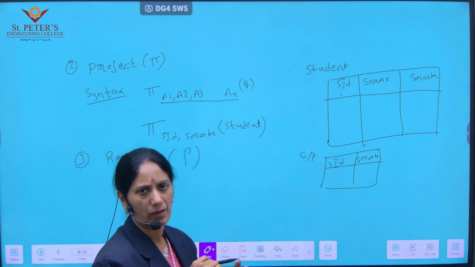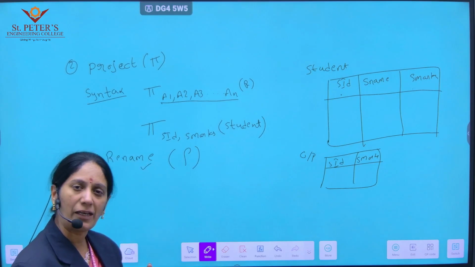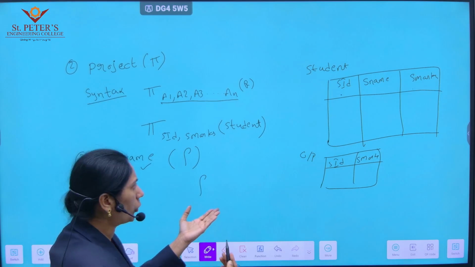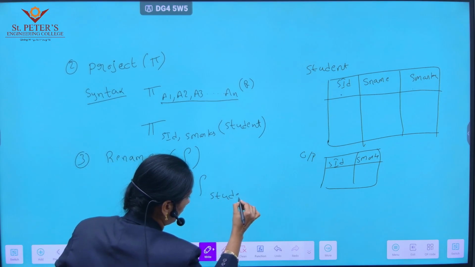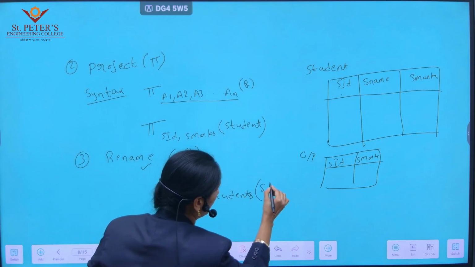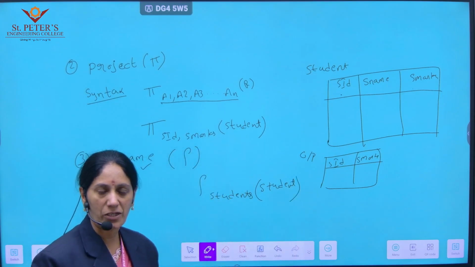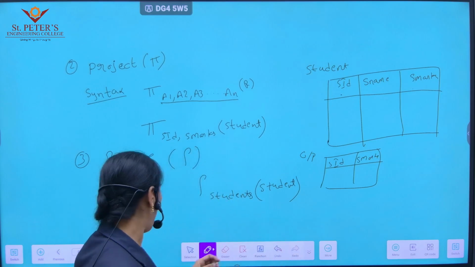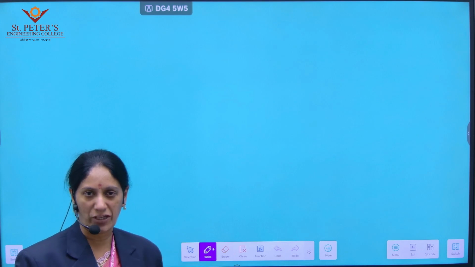For that purpose we use the rename operation: rho, new relation name students, from the student relation. Simply my database table relation name is changed using the rename operation. Then go for the next one.